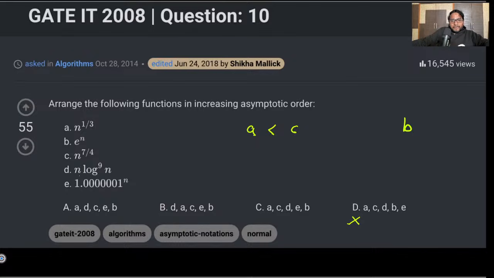What about n log^9 n and n^(7/4)? This is something greater than 1, so if you cancel them out, this will become log n. This is a very nice question. Let me go to the next page and ask you this. Among these three, and the last one n log^9 n, let's suppose 9, which one is greatest?